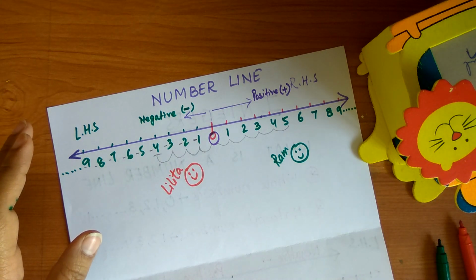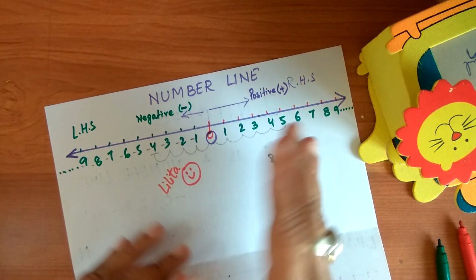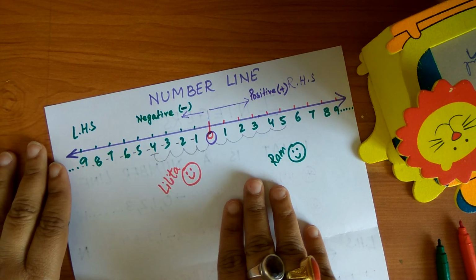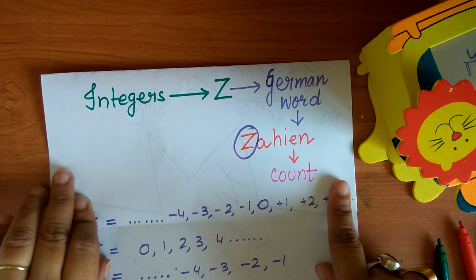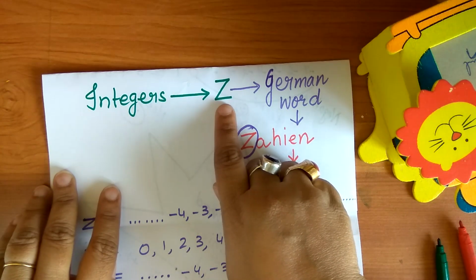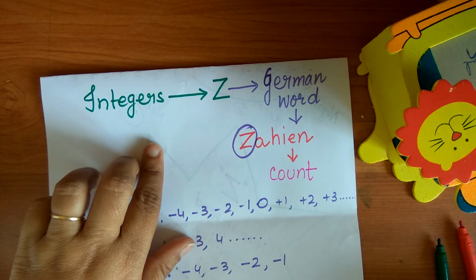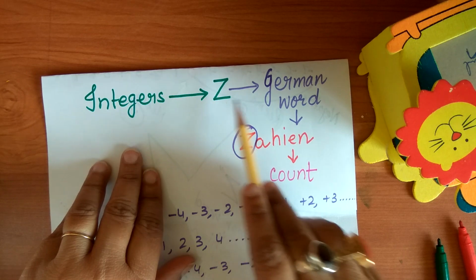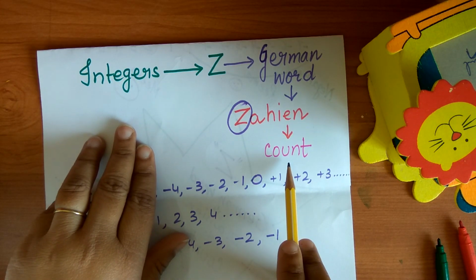So this set of numbers from the negative to the positive is known as integers. Integers is denoted with the capital letter Z. Z comes from a German word zählen, which means count.